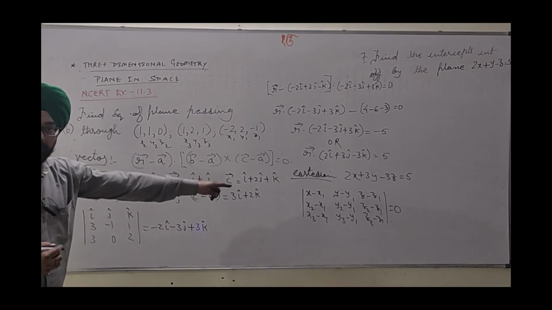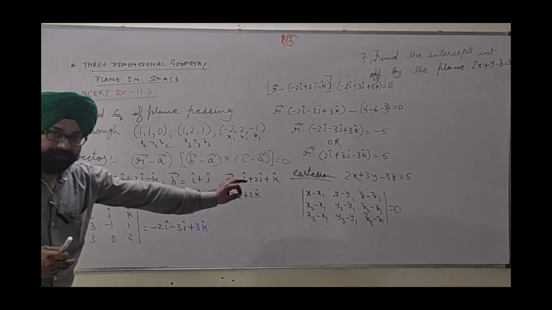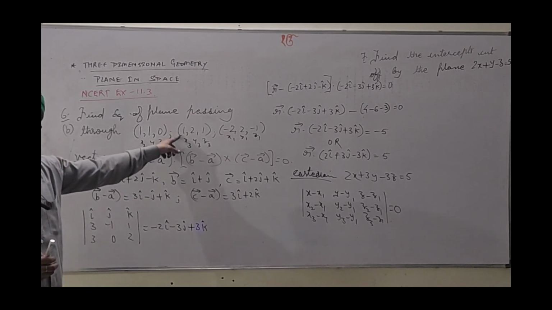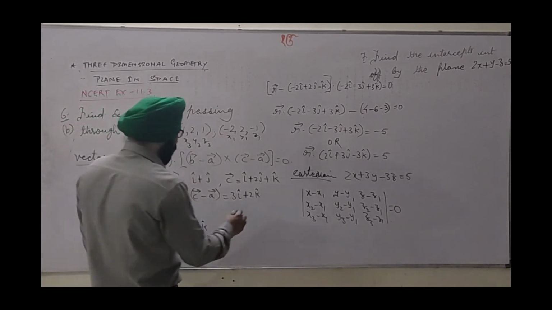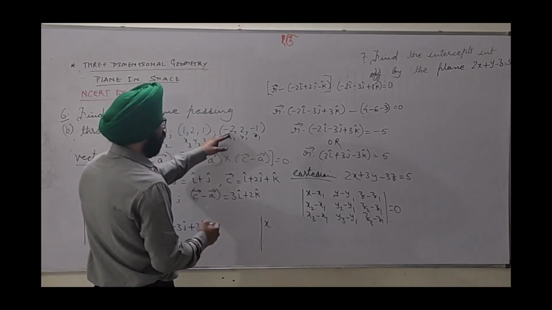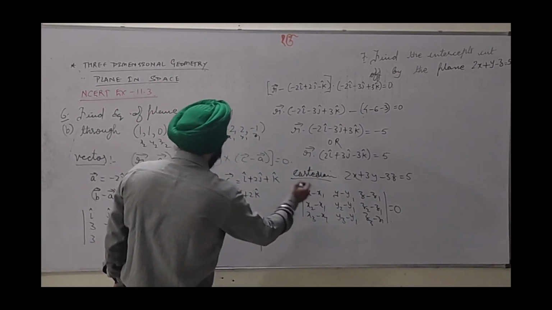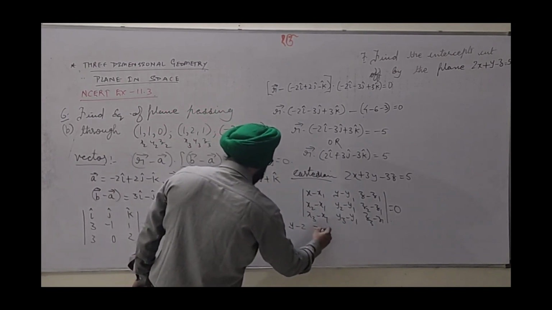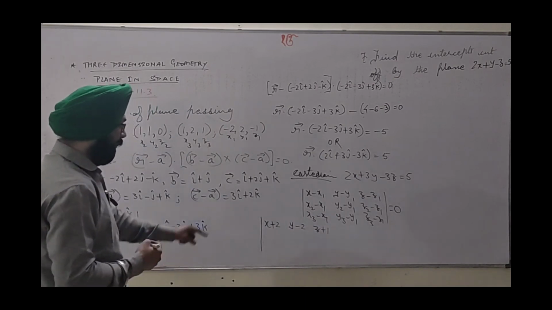Here we will leave only x, y, z; the rest of the values we have to put, just like we have considered here 3 points. Okay, so we get x minus 2, which becomes x plus 2, y minus 2, and z minus 1, which means z plus 1, x2 minus x1.